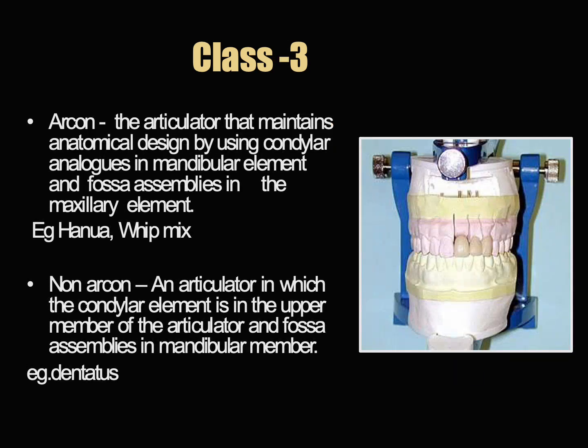Class 3 Arcon articulator maintains the same anatomic design, with condylar analogues in the mandibular element and fossa in the upper element. Example is Hanau articulator and Whipmix articulator. Non-Arcon, as I told you before, consists of condylar element in the upper and glenoid fossa or condylar guide in the lower one. Example is Dentatus articulator.